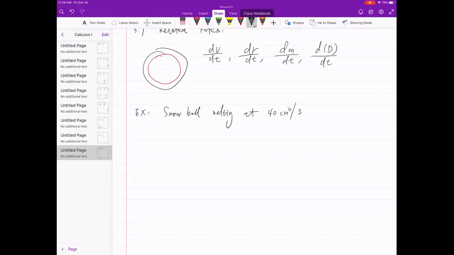So from here, you know it's talking about the volume because it's cubic centimeters. Now the question is, how fast is the radius shrinking when the current radius is 4 centimeters?